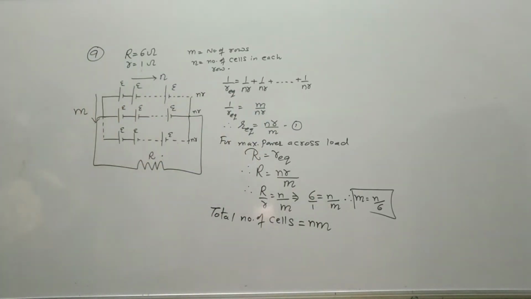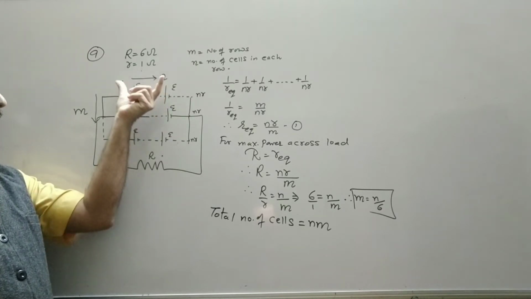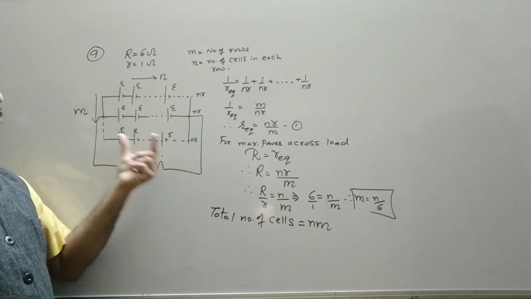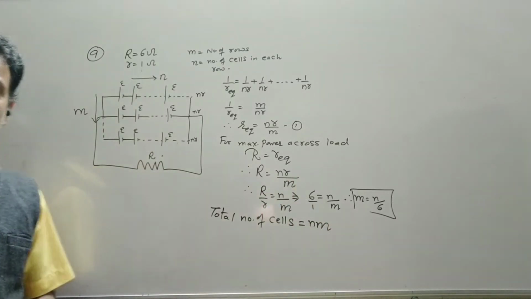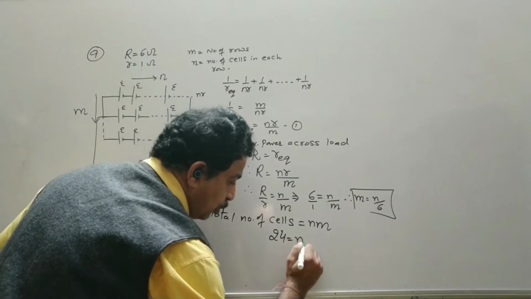The total number of cells is n into m. For example, 3 cells in each row and 3 rows gives 3 into 3, 9 cells. But here 24 is given. So 24 is equal to nm.